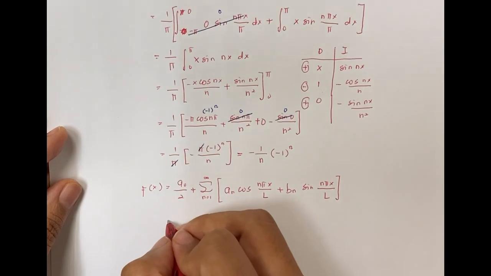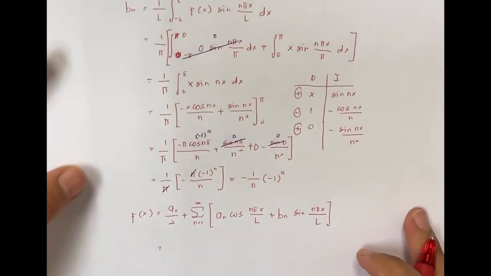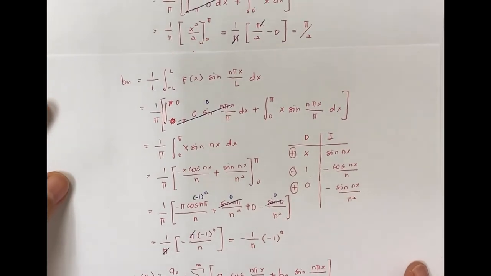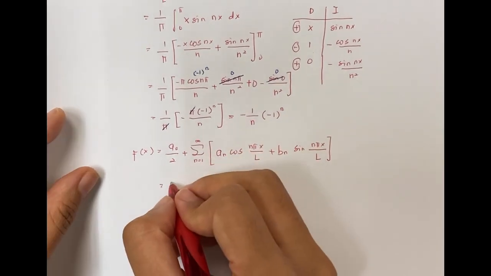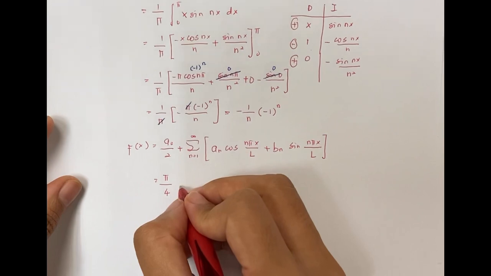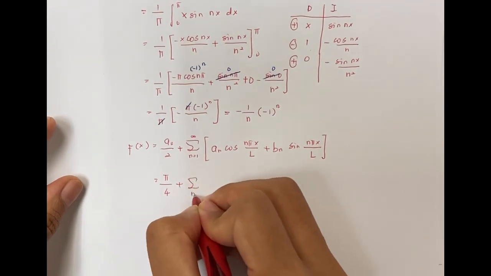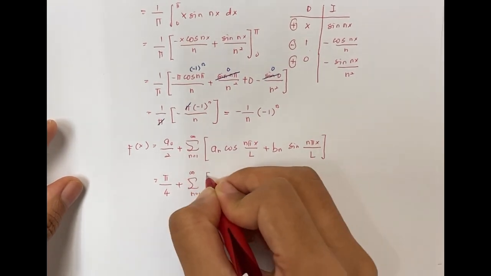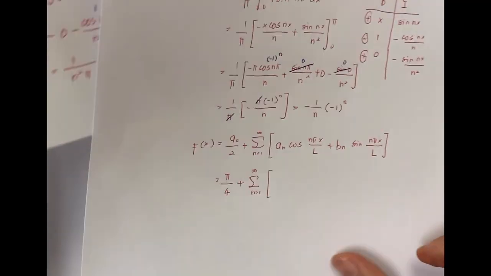Okay, so substitute a naught. A naught is equal to pi over 2. So pi over 2 divided by 2 is pi over 4. Plus summation n equal to 1 to infinity an.